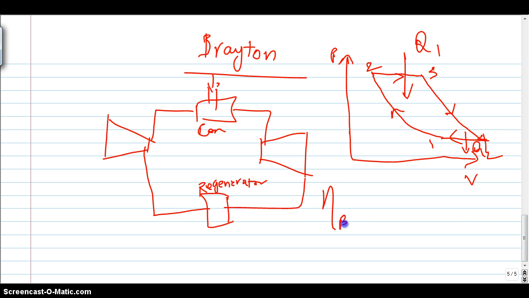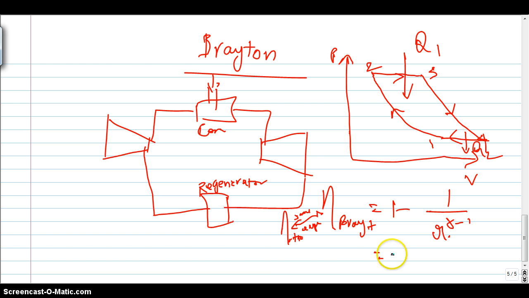The funny thing is the Brayton cycle has the same expression for efficiency as the Otto cycle. But you wouldn't use the compression ratio, because the pressure is what determines the steady flow process in the Brayton cycle.